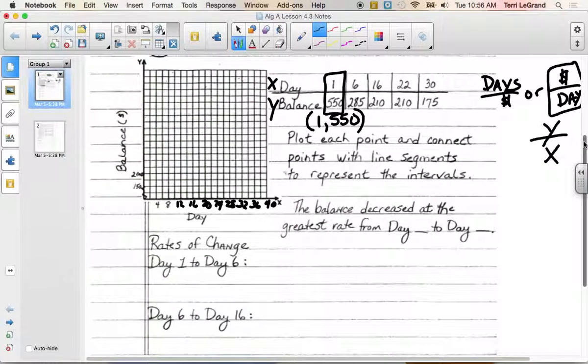Okay, and then the next thing we're going to decide is what's the scale I used on the y-axis for the dollars, for the balance. So remember how there's that squiggly line? It's kind of scrunching a part of the number line, saying we don't need this part of the number line. And instead of starting at 0, I'm starting at 150.